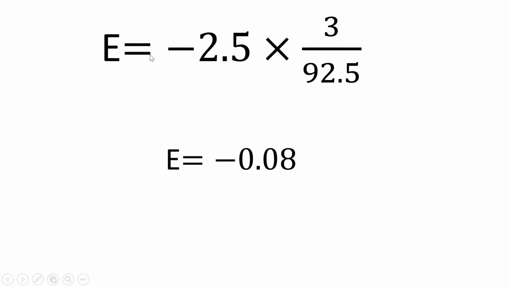So our elasticity is the slope times p over q. And when we do that, we have -0.08. So this is the 4th method. In the 4th method, we find the slope using calculus, then we find the point, and then we work for the elasticity.